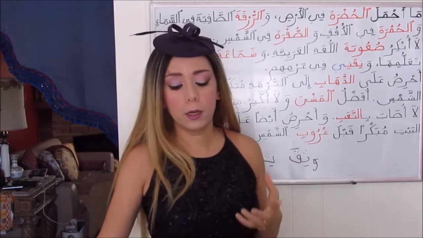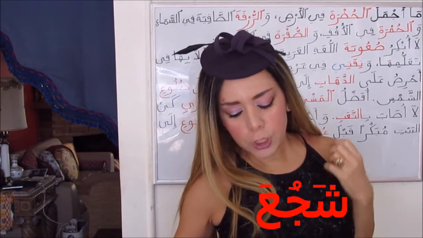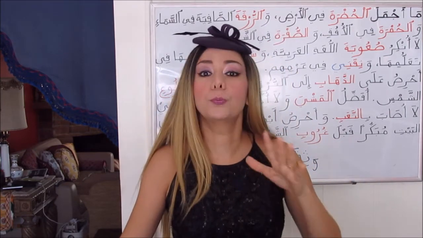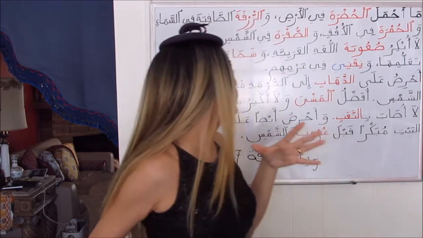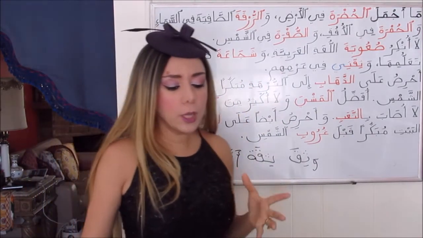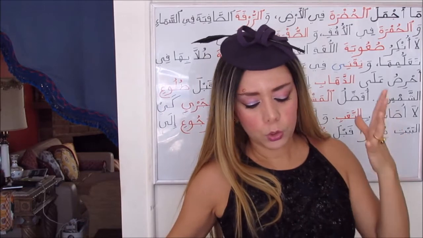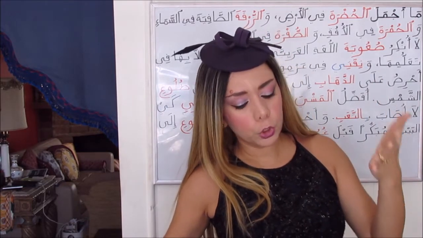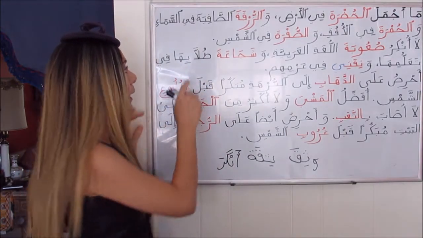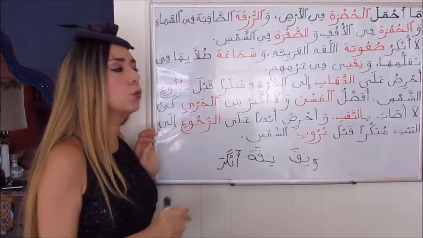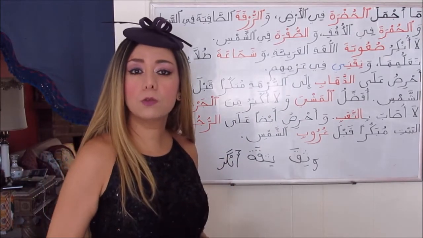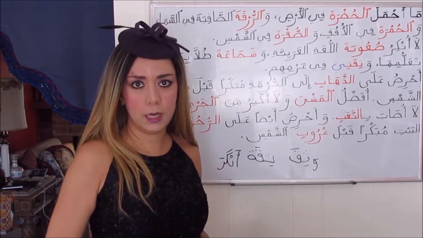وشجاعة, شجاعة, from the verb شجع. شجع is to defy with courage, to be brave. وشجاعة طلابها. So I don't deny the courage of the students. So طلابها here, ha is referring to the Arabic language. Resumptive pronouns are so important in Arabic.